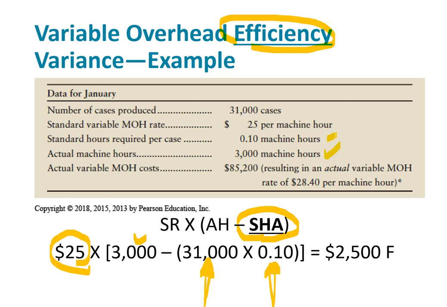So in this case, it's 0.10 machine hours. When we do our calculation, this turns out to be basically 3,100. So we know that 3,000 is lower than 3,100, so we have a favorable variance. You have to do the math. So our variable overhead efficiency variance is favorable 2,500.